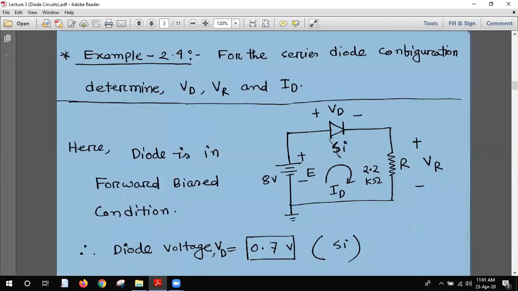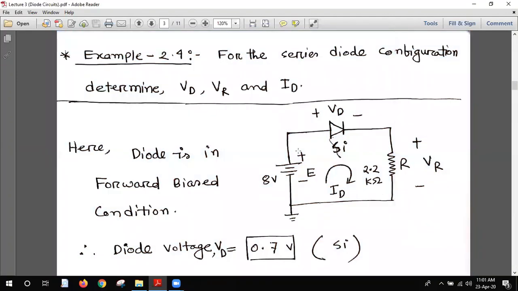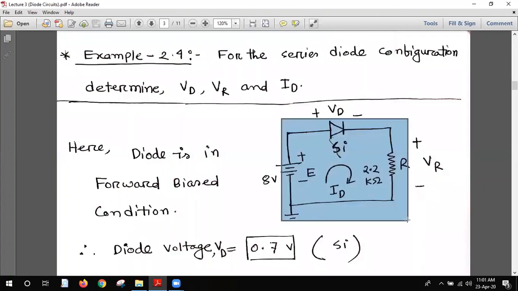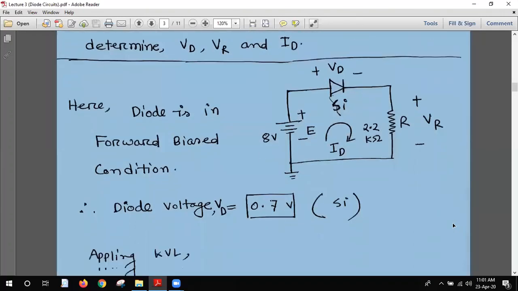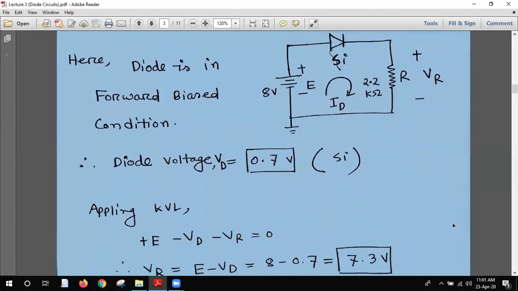If we apply KVL in this circuit, we get this equation.